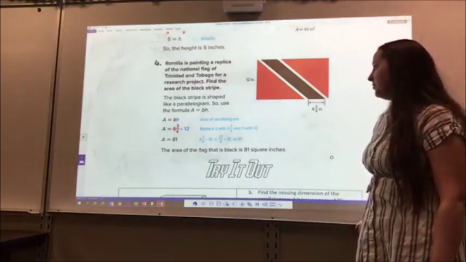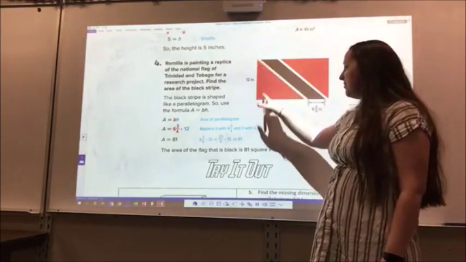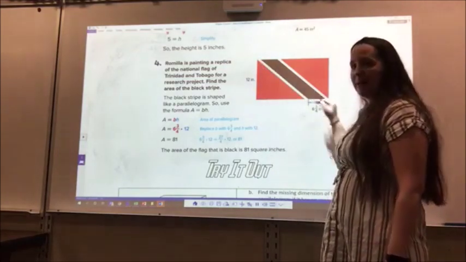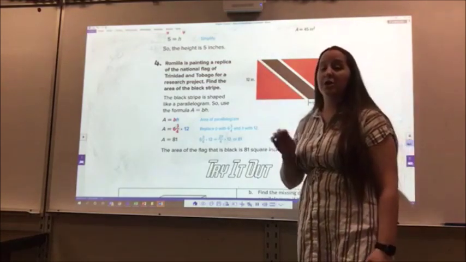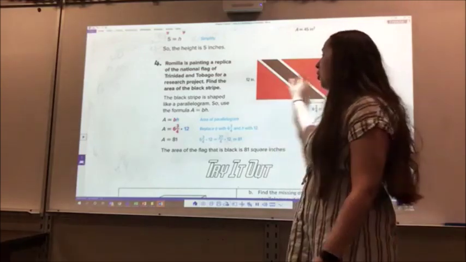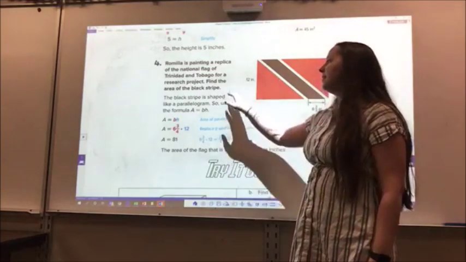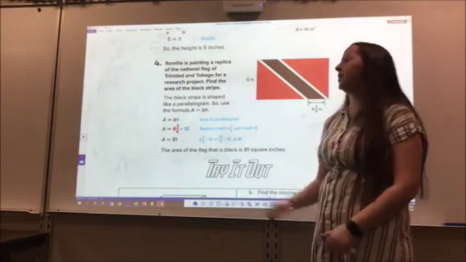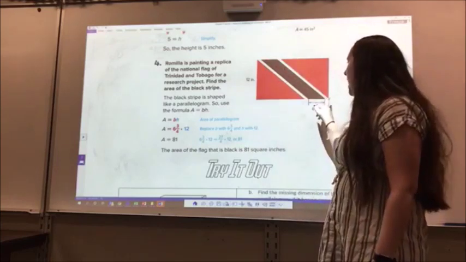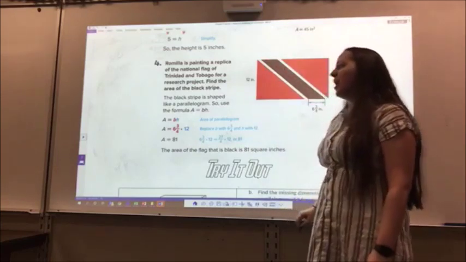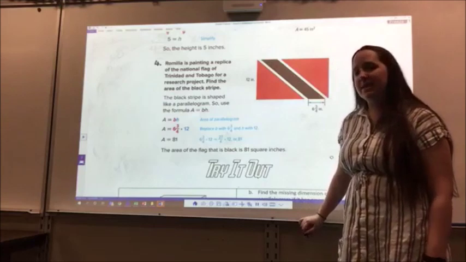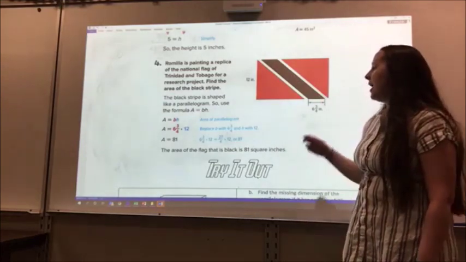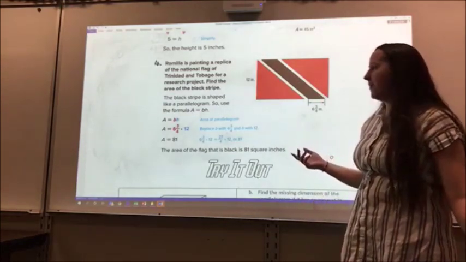Okay? So they actually gave me both my height and my base for the black stripe. I just want to find the area of the black stripe, not the whole flag. Okay? The black stripe is shaped like a parallelogram. You can see I have 2 opposite parallel sides. So I use the formula A equals B times H. Well, I don't know my area, that's what I'm figuring out.